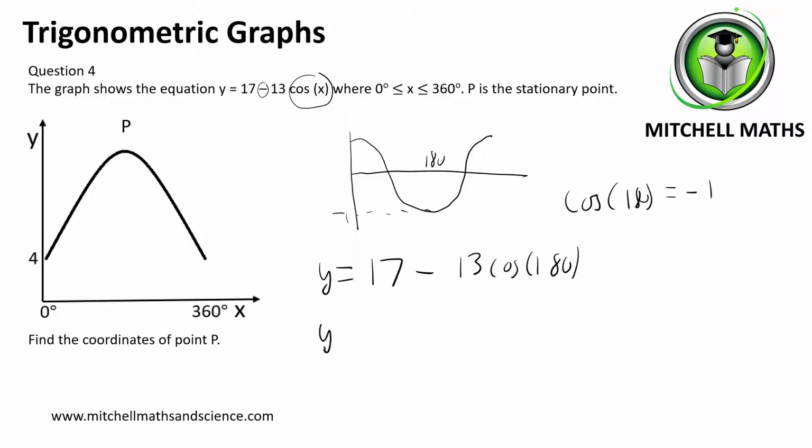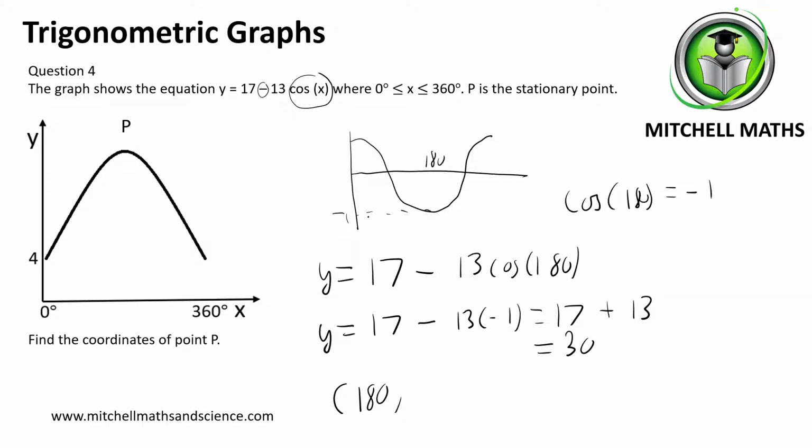Therefore, we're going to have y equals 17 minus 13 times -1. Well, minus 13 times -1 is going to be plus 13. Therefore, our y value is going to be 30. So the coordinates of point P are, well, the x value is going to be 180 degrees, because that's when cos x is at its lowest value of -1.